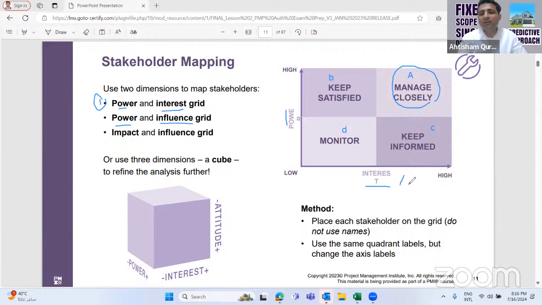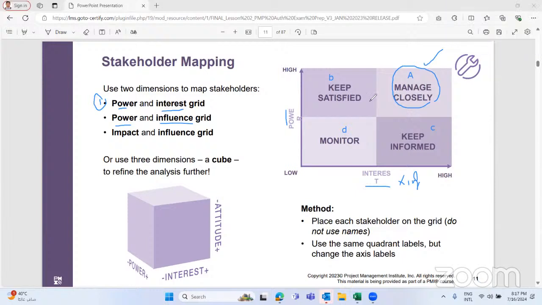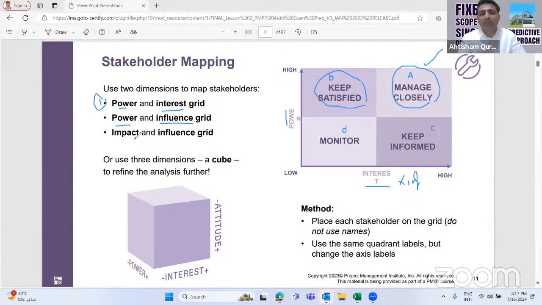Even if you change interest with influence, the strategy will remain the same: stakeholder A, who has more influence and more power, you will manage closely. So whether you replace it with influence or with interest, the strategy will remain the same for these types of stakeholders.